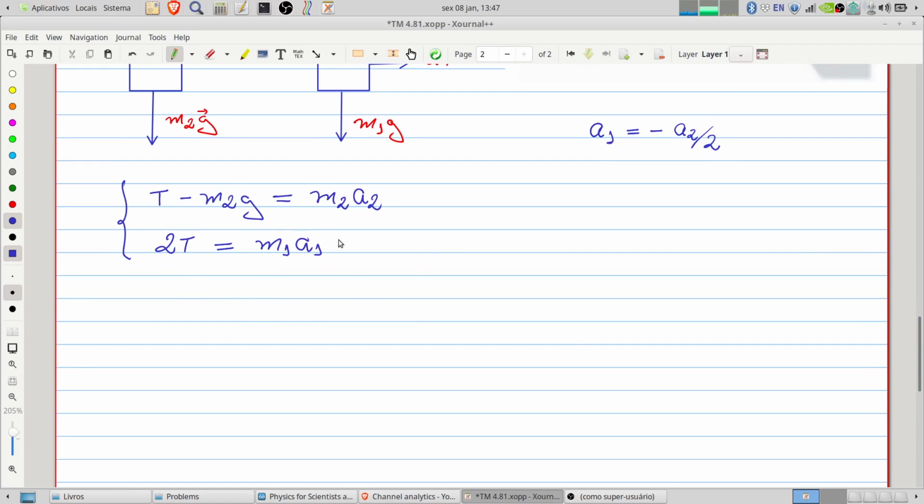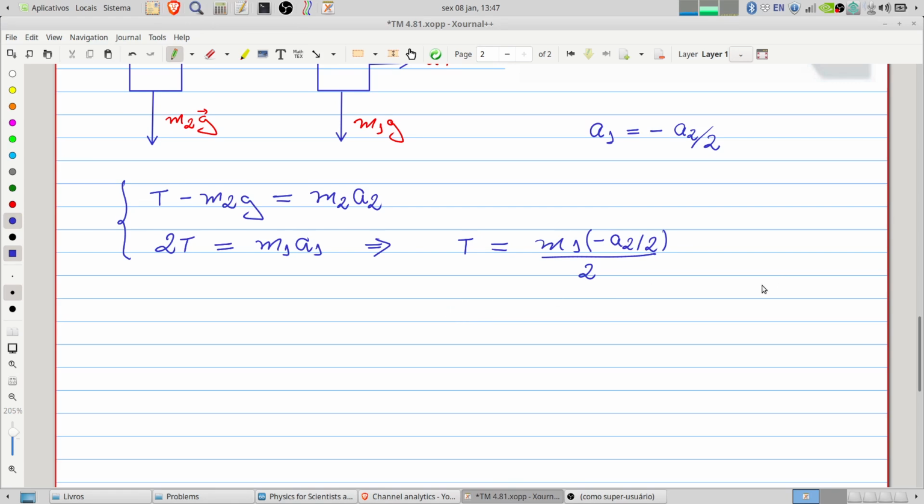We can start from the second equation and write that the tension T equals m1 multiplied by a1, that is minus a2 divided by 2, this divided by 2.